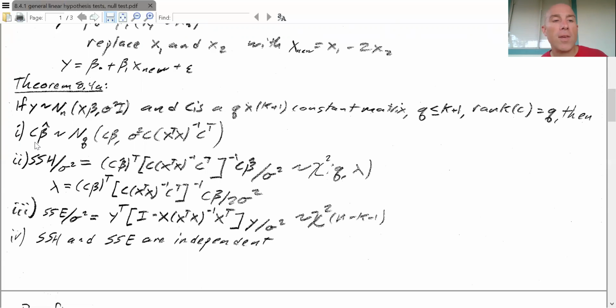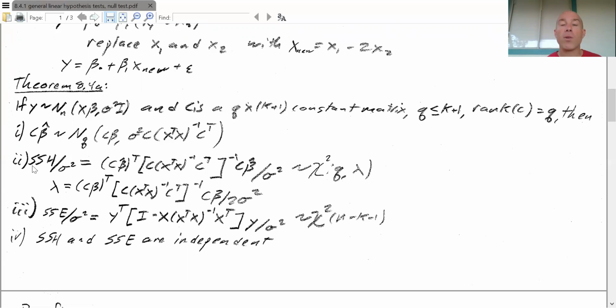Then C times beta hat is also normally distributed, but different dimension. Expected value of C beta. And then our variance matrix is going to be very similar to what we would expect it to be, so we get the X transpose X inverse, and we get the sigma squared like we expect, but you can see that we've got C and C transpose on each side.